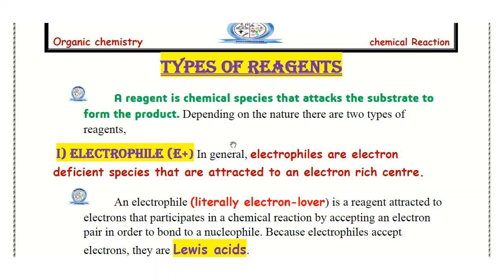Electrophiles in general are chemical species that are themselves electron deficient, meaning they do not have a complete octet of electrons.